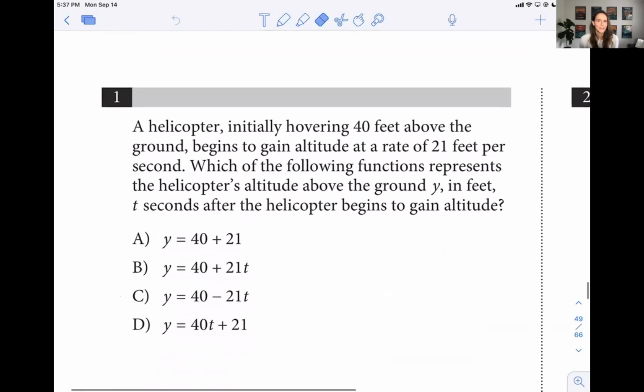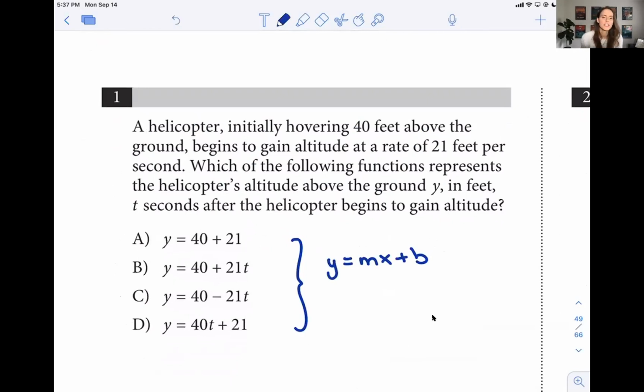I could tell that this is a y equals mx plus b question without even reading the question, because all of these answer choices are in the y equals mx plus b form. It's really helpful to glance at the answer choices on the math section before you read a word problem, so you have an idea what you're looking for.